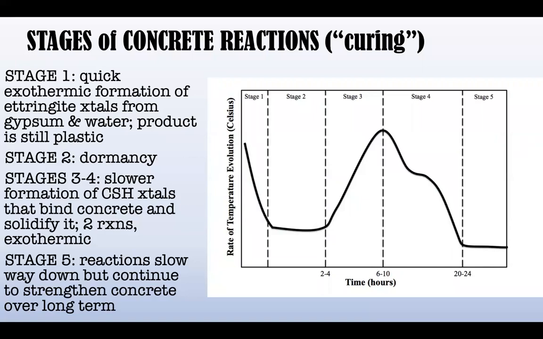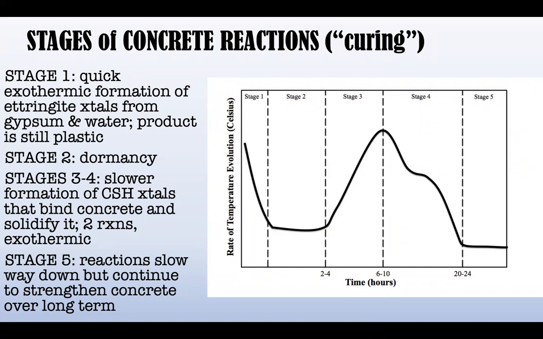It's got the wonderful name of ettringite. And it's formed from the gypsum that's in the cement dust and water. It uses up a lot of the water, but the material is still plastic. So when you mix this stuff together, and then you see the people pouring this concrete, these crystals are already forming, but the stuff is still moldable, movable, and so forth.